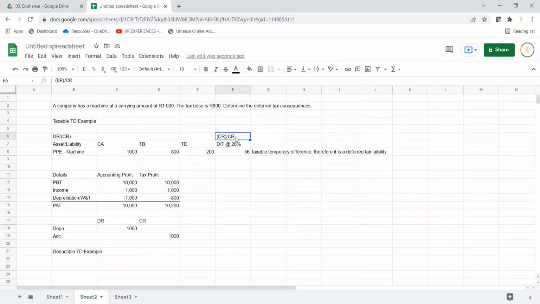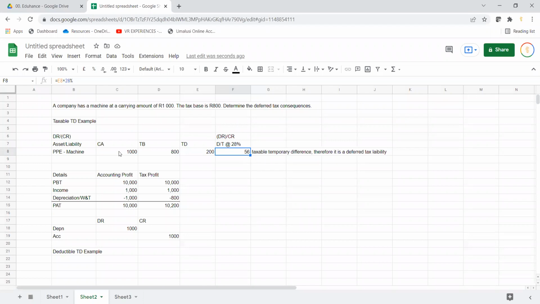When it is a credit for deferred tax, meaning a deferred tax liability, then it is a taxable temporary difference. So that is why this is a positive number, which means a deferred tax liability, which means a taxable temporary difference. Now that is just using the formula over here, but we want to know why it is a taxable temporary difference.